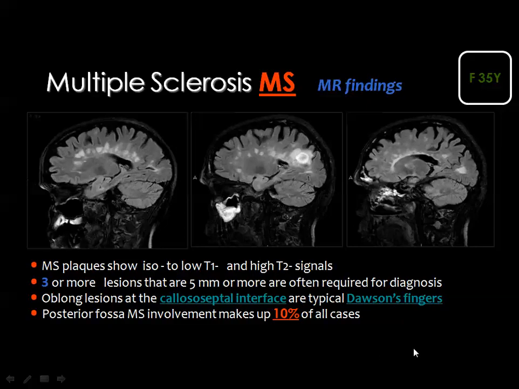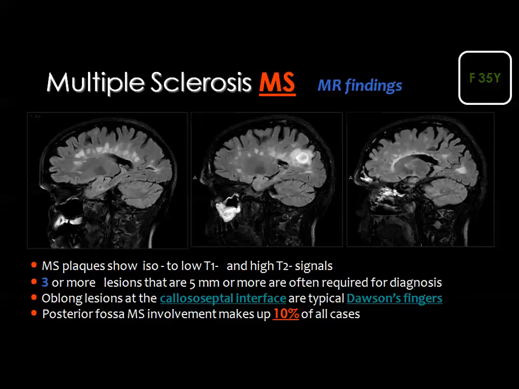The plaques of multiple sclerosis will appear of low or iso intense signal in the T1, high signal in the T2 and the FLAIR weighted images. And they are characteristically arranged at the callososeptal interface, and they are perpendicular to the ventricular wall, giving the typical appearance of Dawson's fingers.